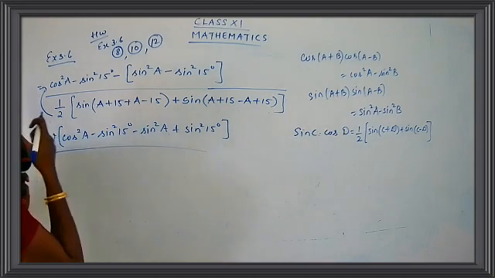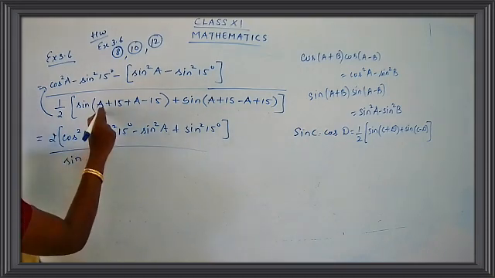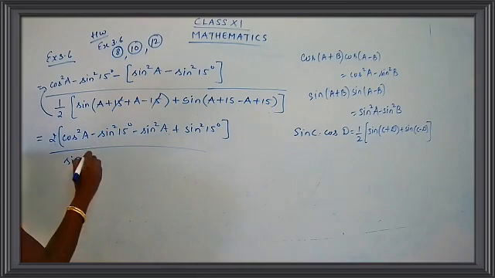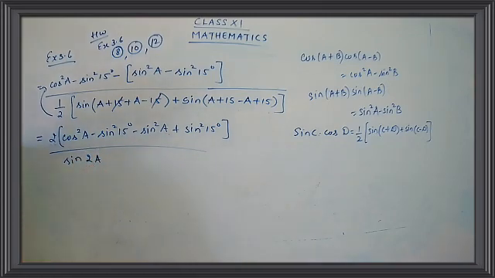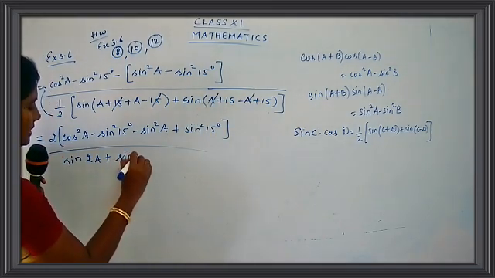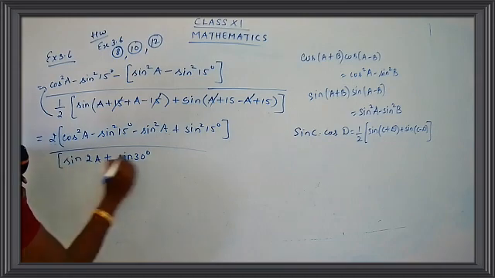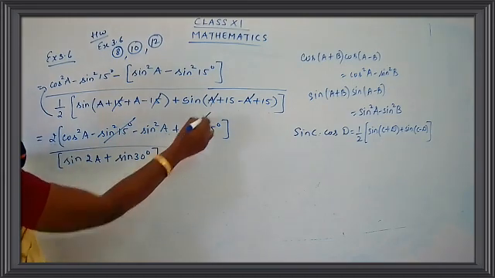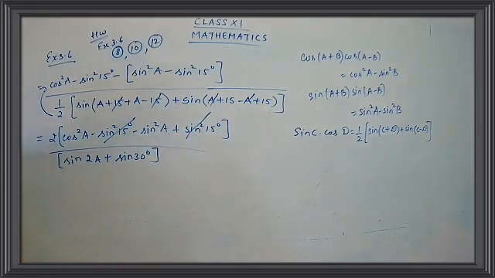And try to add this. I get sine plus 15 minus 15 goes off. So you get sine 2A, plus A and A gets cancelled. I get sine 30 degree. So minus sine square 15 and plus sine square 15 gets cancelled.